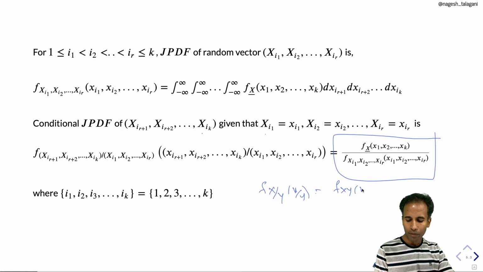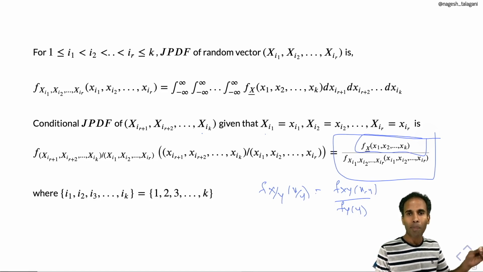Joint PDF at xy by the PDF of y at y. Here also same thing: joint PDF of x under bar by the PDF of what is given, xi1, xi2, ..., xir. These are the generalizations from the bivariate case to a k-dimensional random vector.